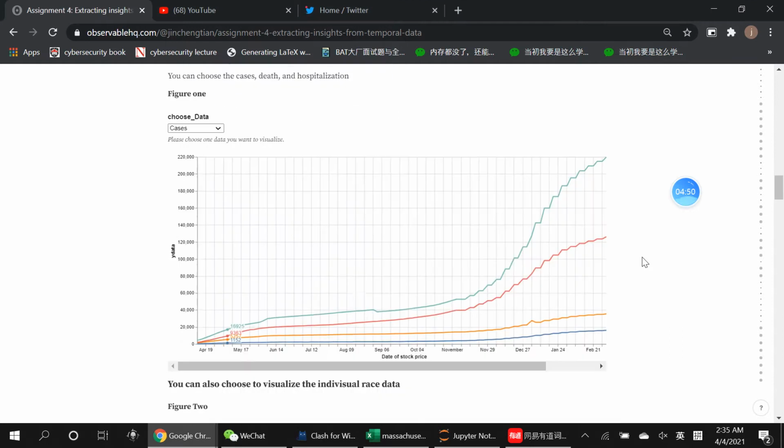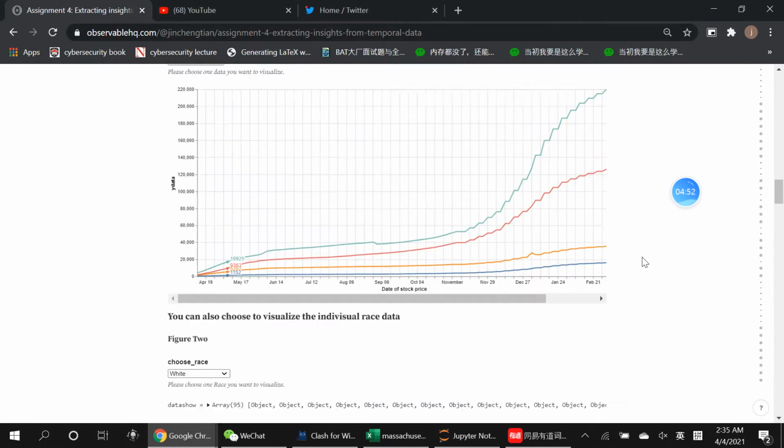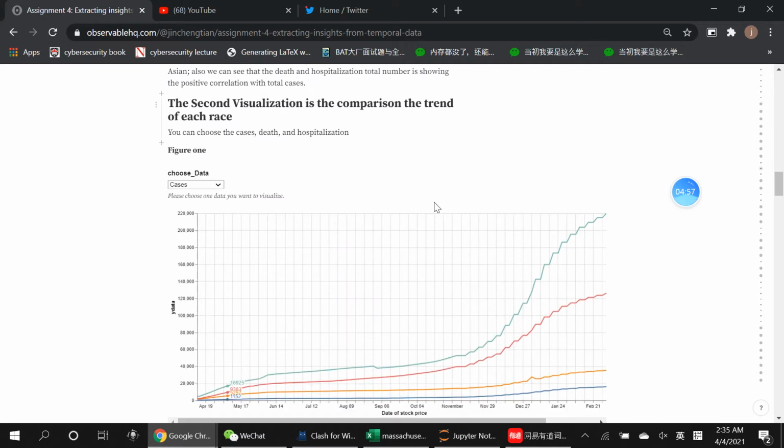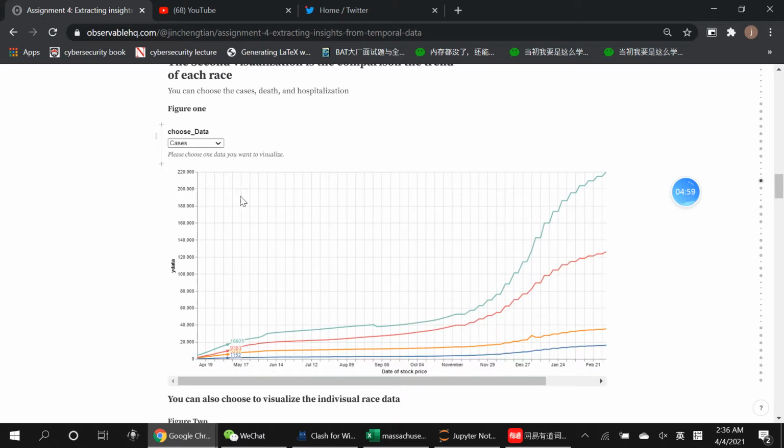To move on, we use the second visualization to compare the trend of each race. Here you can choose different data to show on the graph: cases, death, and hospitalizations.